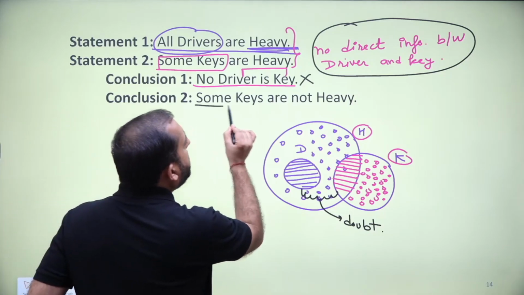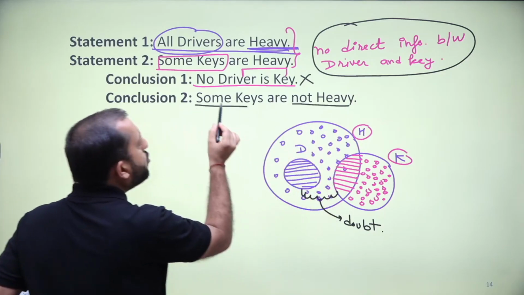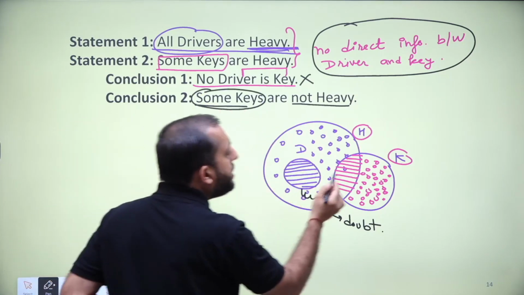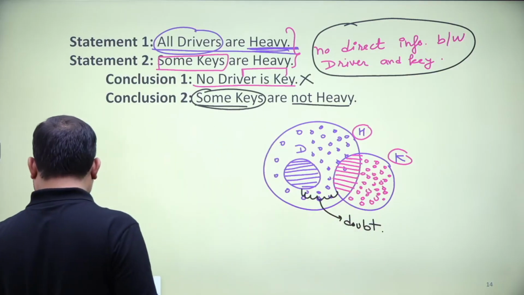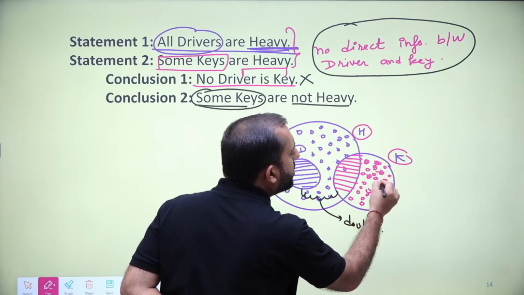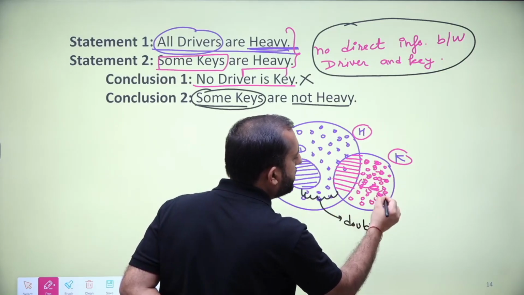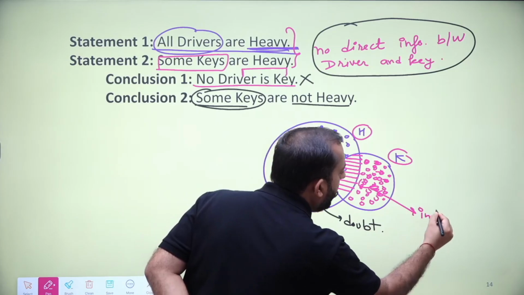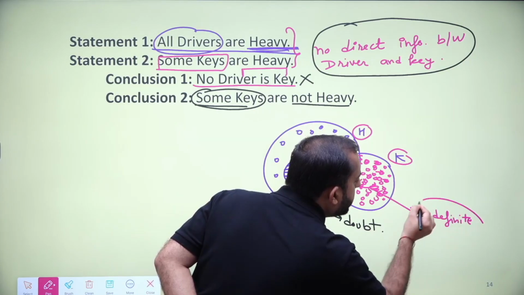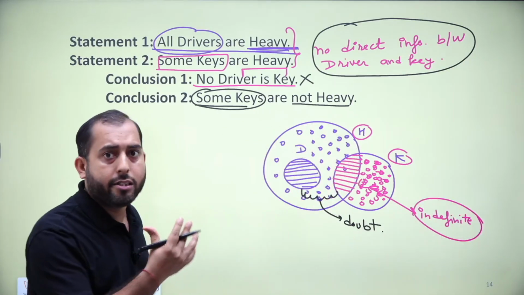Now, some keys are not heavy. As soon as you pay attention to this conclusion, you will immediately jump to these keys that are lying outside the intersection, and these keys lying outside the intersection are an indefinite reason.